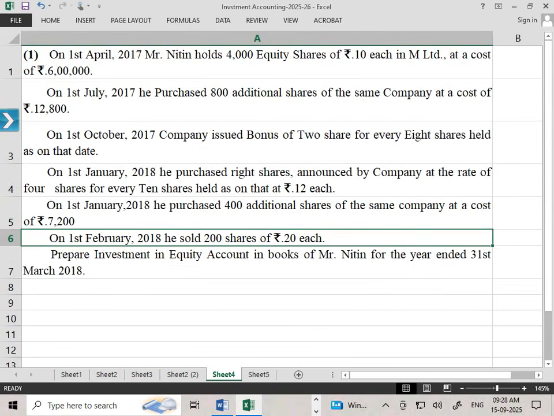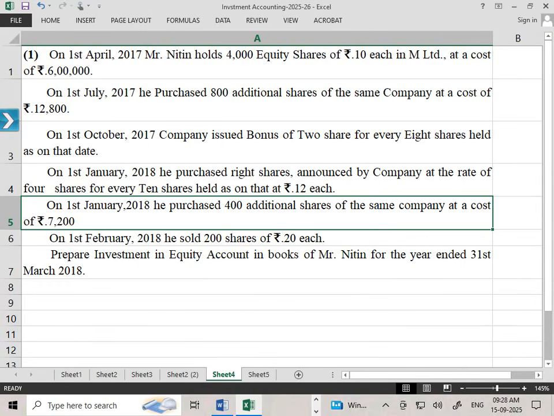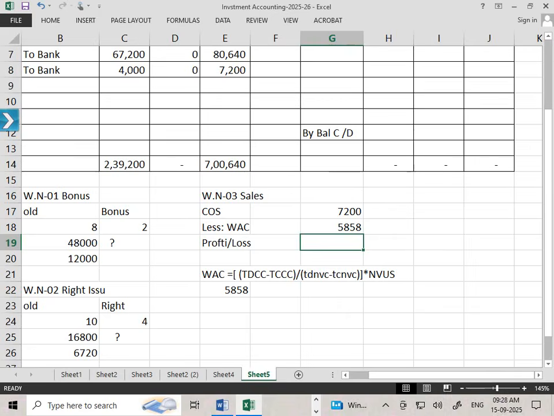And what is the cost price? That is sold for how much? Sorry, sold for 20 rupees each.